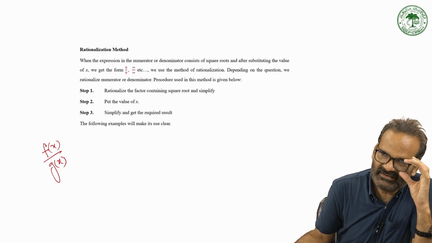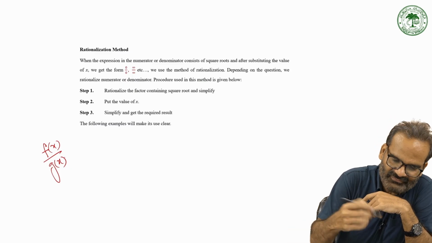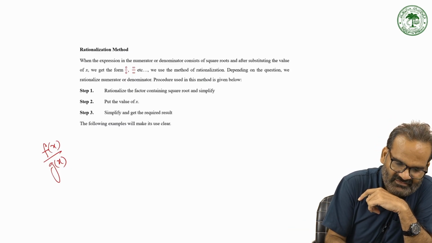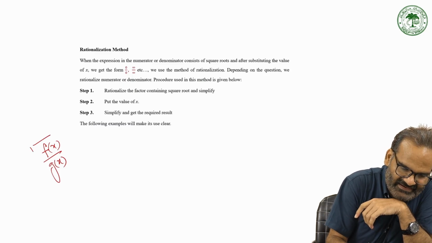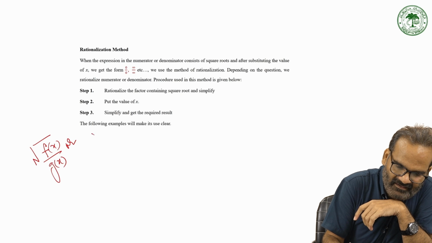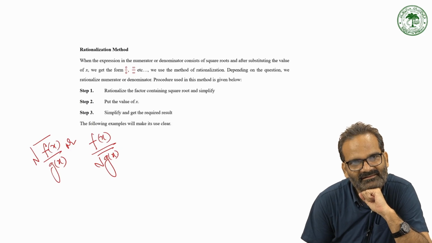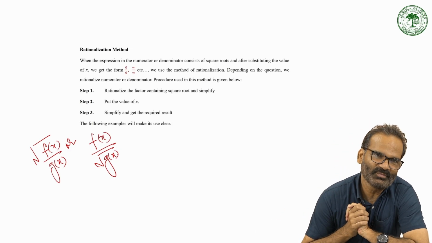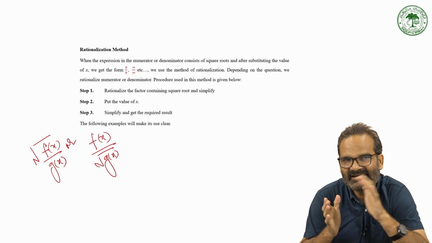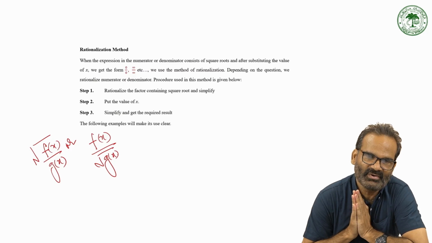But the difference between factorization and rationalization method is what? In the factorization method, we were having the function of this type, but in this case, we will have either this or this, fx divided by root gx. What does it mean? It means the function should be of the type of numerator and denominator, but at least the numerator or denominator must contain a square root.